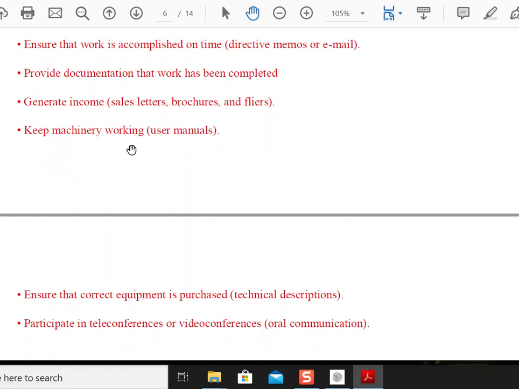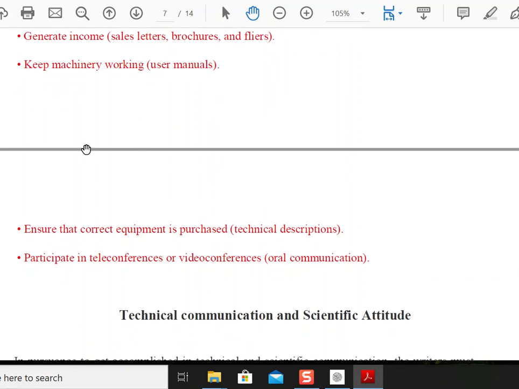Keep machinery working: user manuals and instructions, which are issued by the top management. For example, especially in this COVID-19, all departments issue health instructions, different time changes, dress codes, and strategies to keep social distancing and lessen the harms of COVID-19.